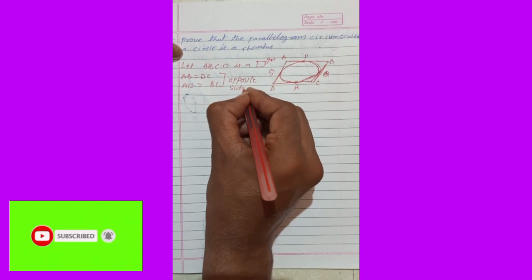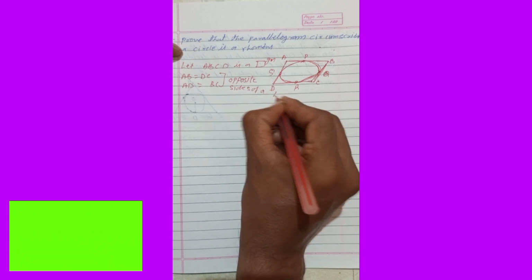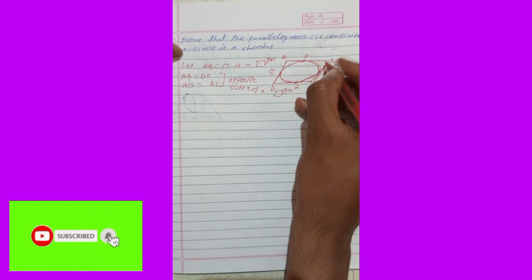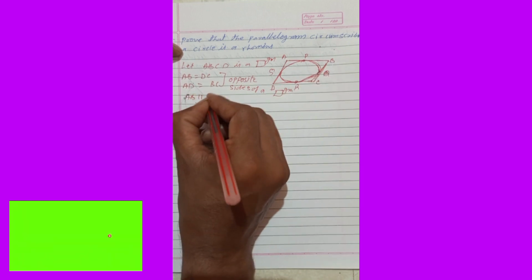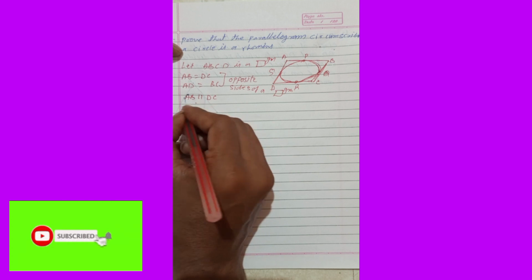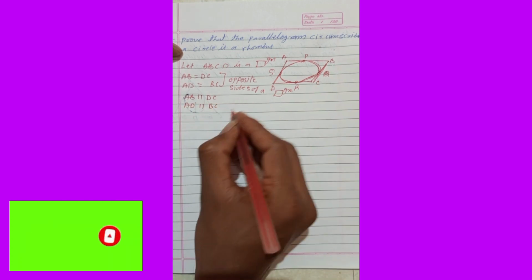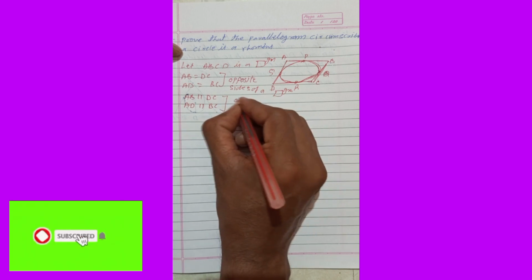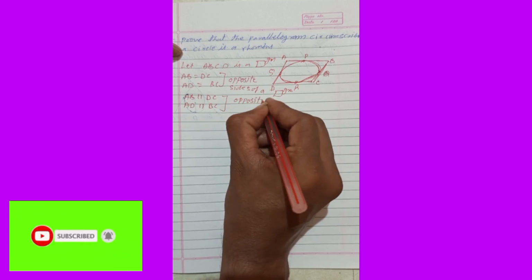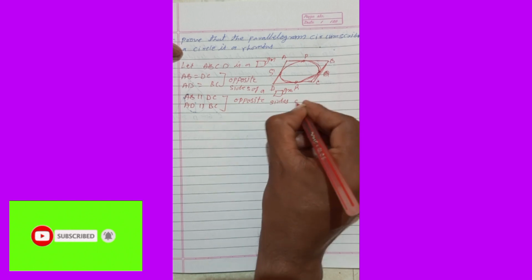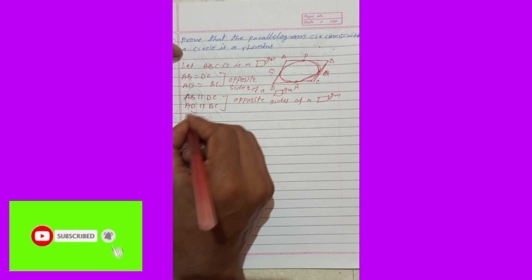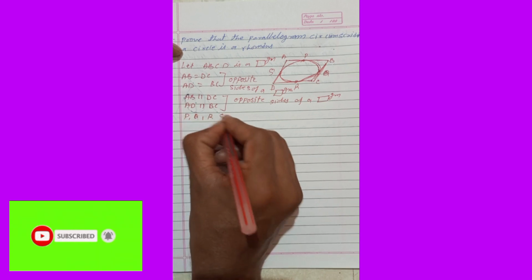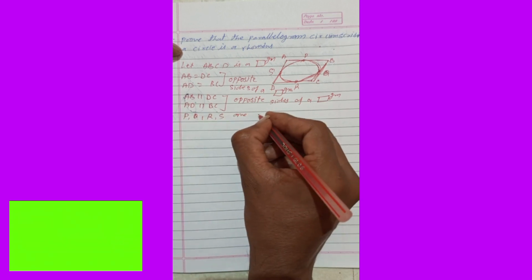And these are also parallel to each other. Means AB is parallel to DC and AD is parallel to BC, opposite sides of a parallelogram, and P, Q, R, S are points of contact.